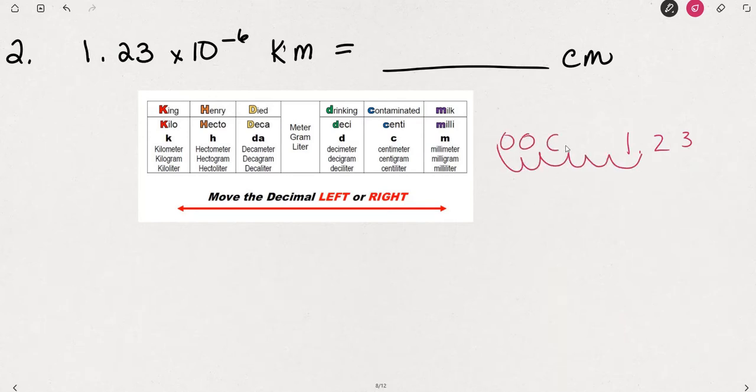So I'll need 1, 2, 3, 4, 5 zeros. So 1.23 times 10 to the negative 6 is equivalent to 0.000000123. So this is just a little bit of a different notation.